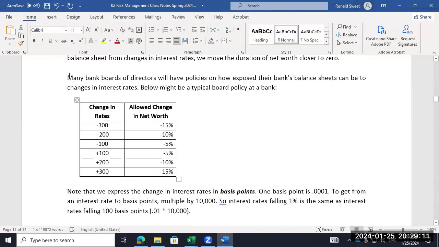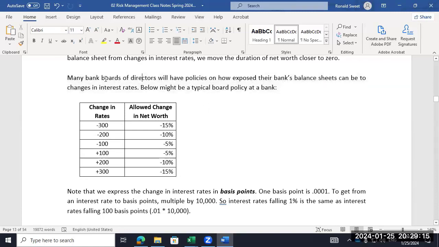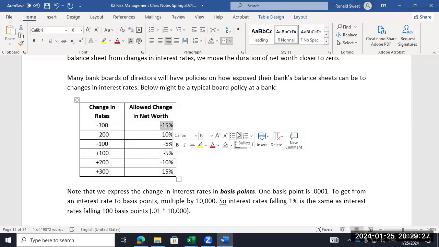And many of you are going to see something similar to this in your bank, which is a stress test. Think of this as a stress test, where the bank says, so this is what the board's saying: if interest rates fall 300 basis points, our net worth better not fall more than 15%. You better manage our balance sheet so that if interest rates fall 300 basis points, or 3%, we shouldn't lose more than 15%.